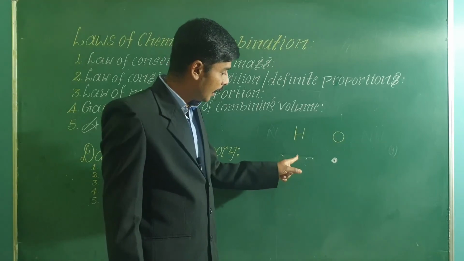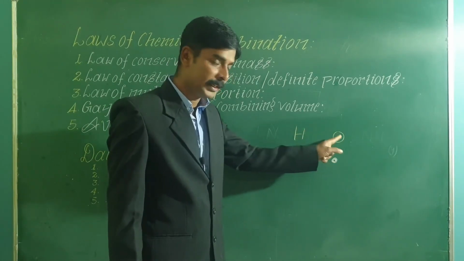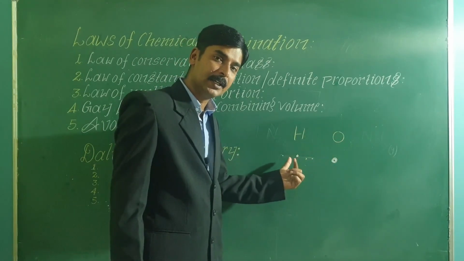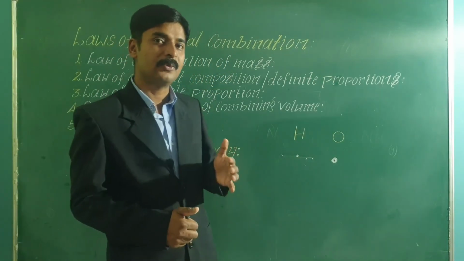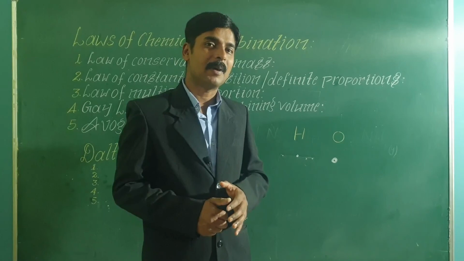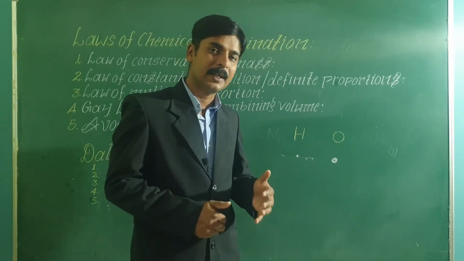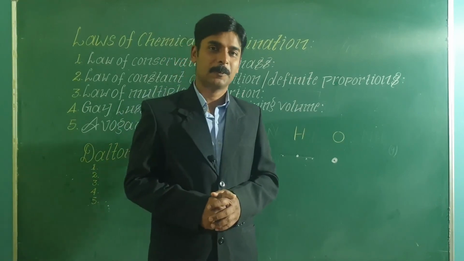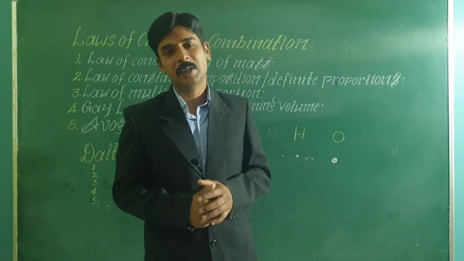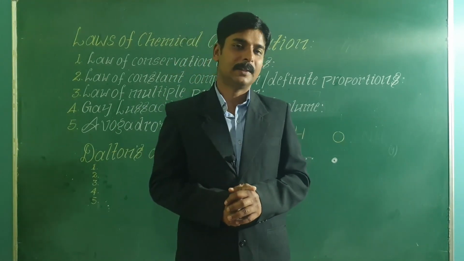Fourth one, atoms of different elements will have different properties. Last one, atoms of different elements combine in a definite proportion by mass to form compounds. So these are the five postulates of Dalton's atomic theory.